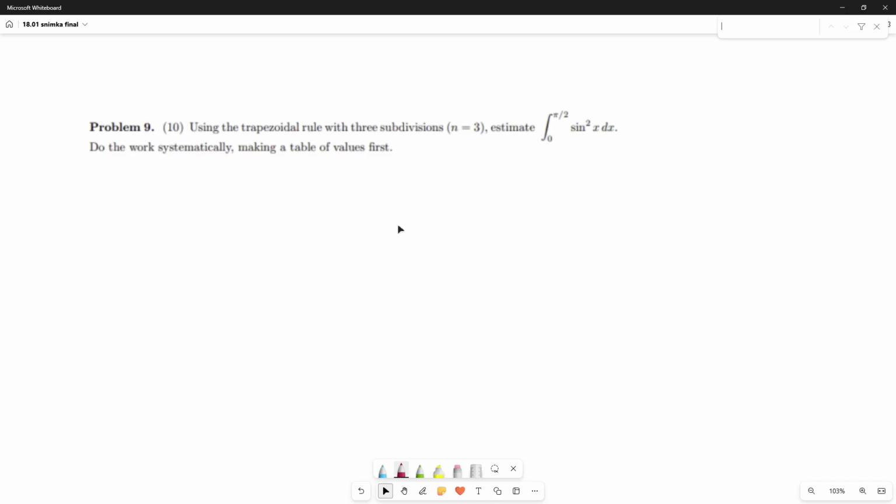The basis of our approximation is going to be the definition of a definite integral, the integral of f of x dx, where x goes from a to b, which can be approximated as a sum of f of xk star times delta x, where k goes from 1 to n, and we take a limit as n goes to infinity.